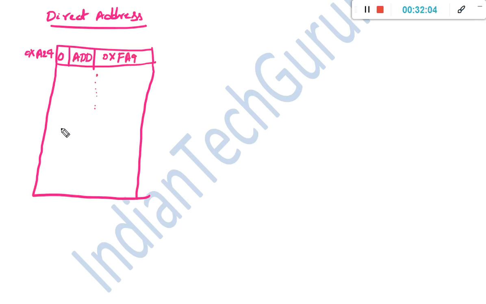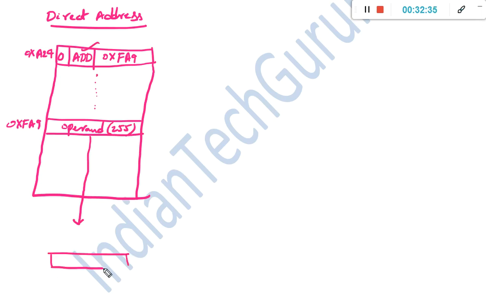This is the instruction, and at a particular location 0xFA9 we have the operand, for example 255, and this operand is fetched. However, to perform the addition operation we require one more operand, so that operand will be stored in a temporary register, the accumulator. For example, assume the value 345 is there in the accumulator.